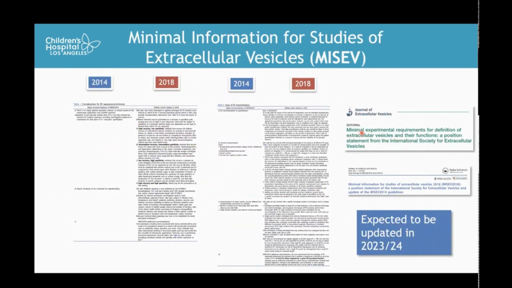This is a very busy slide. I don't expect anyone to be able to read this, but I just want to show how in 2014, the ISEV had a few guidelines, which then ballooned to many more guidelines in 2018, and now we're expecting these guidelines to be updated later this year or probably next year.